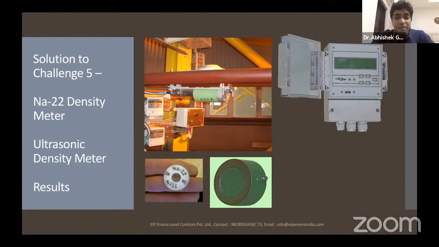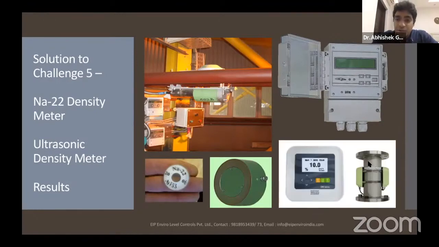I just want to clarify these 2 points: this nucleonic density meter for slurry measurement uses a source and a detector which are exempted from AERB. Continuous level measurement for the ESP hopper was using only a detector. There was no source and no approval required. This is the ultrasonic clamp-on density meter. The picture on the right bottom is the ultrasonic clamp-on density meter.